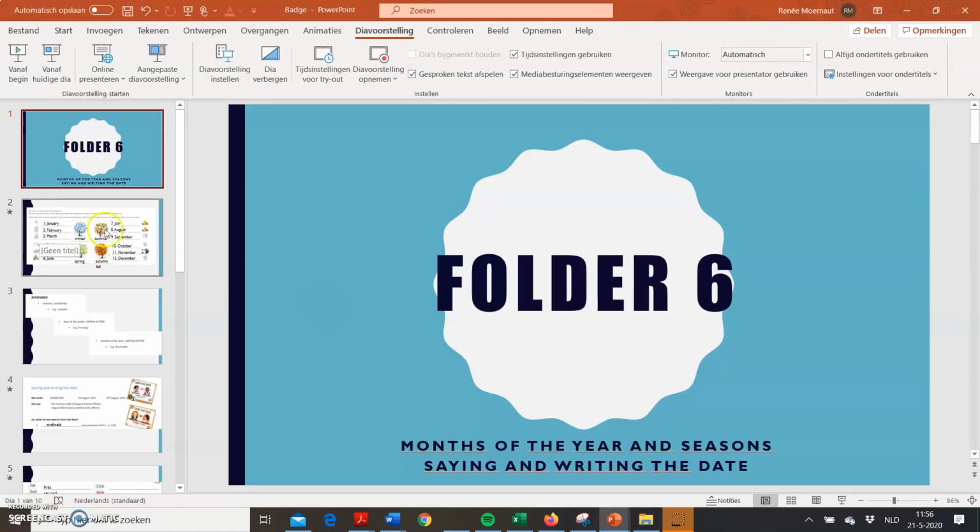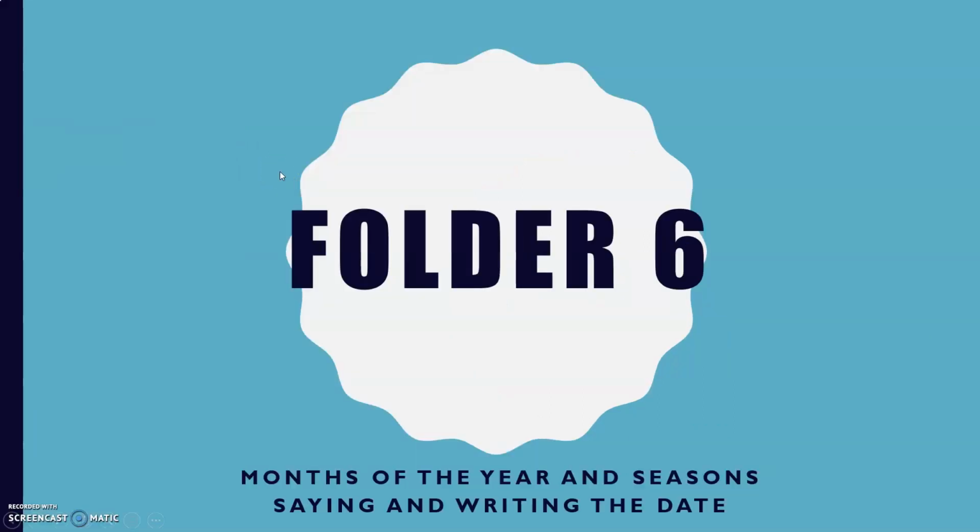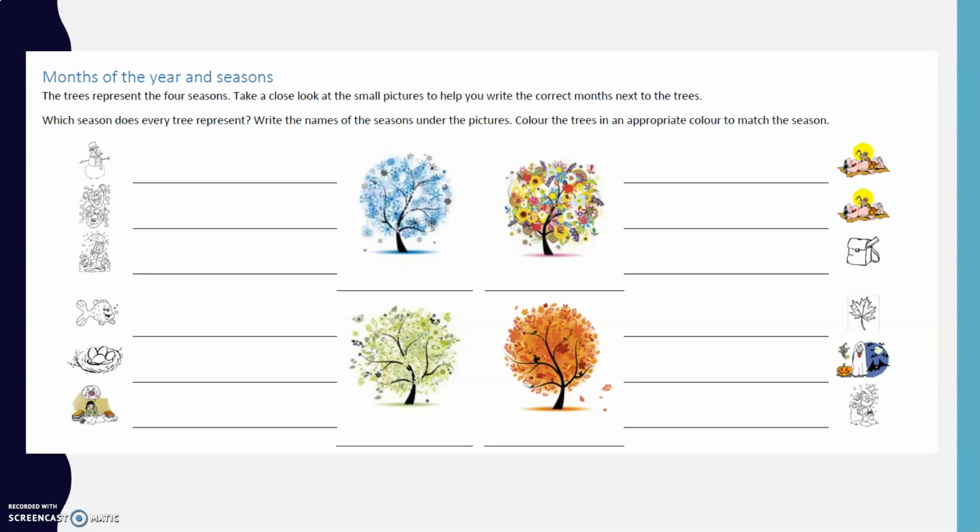Okay, so let's have a look at our PowerPoint. Let's start with the months of the year and the seasons. You probably know most of them, maybe all of them, but let's have a look. Clearly the trees represent the 4 seasons, so let's start with that. Maybe you know the names.